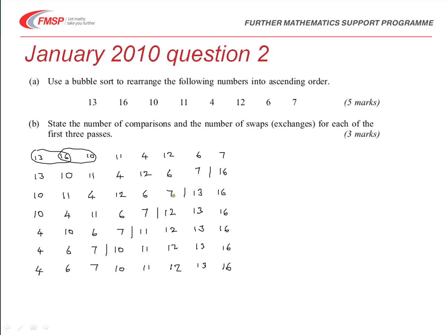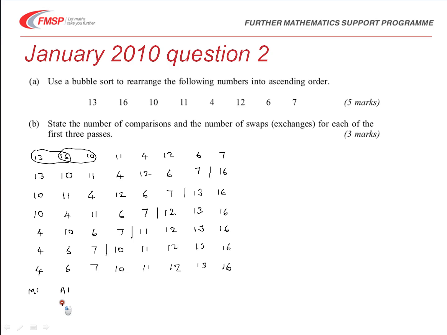Okay, so there's 5 marks for this part. You get a method mark for applying the algorithm correctly in that first pass, and you get an accuracy mark for the first pass being correct.